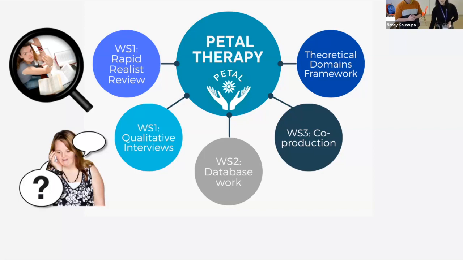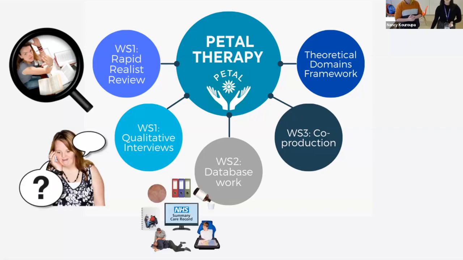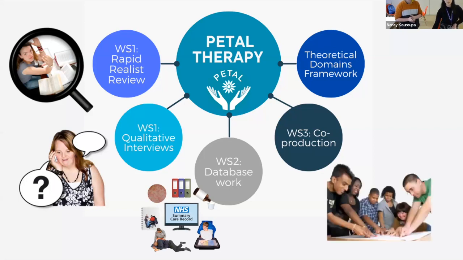And as Andre just talked about as well, we looked at a clinical research database, and all of the evidence from those work streams was used to inform the PETAL therapy. But we also held co-production workshops with members of the research team and also the family carers advisory group and the service users advisory group.